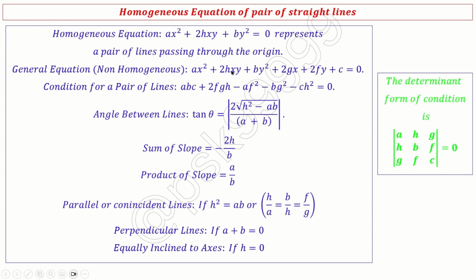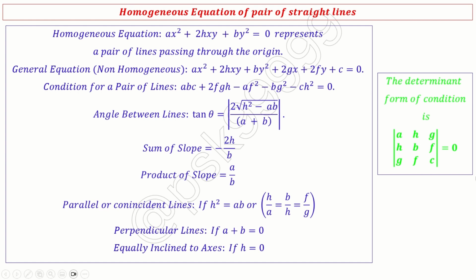All three have x in it: x square, xy term and x term. And make sure that you get g and h, it is half of this coefficient you have to get. Be careful about that one. A, h, g, and vertical also a, h, g. Similar, right? This matrix is a mirror image basically.